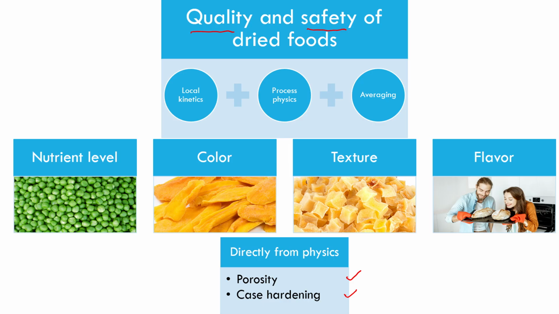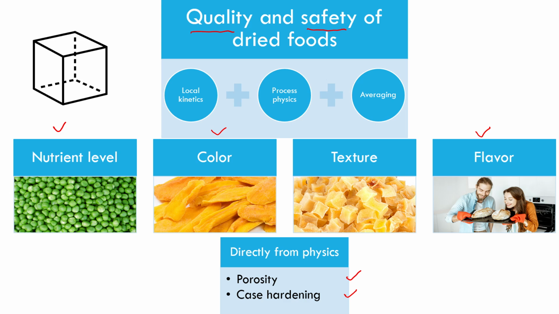Now, the other kind of quality, let's say how much is the nutrient destruction, or how much is the color degradation or some color formation, or how much flavor components are generated. To obtain these, we note that the descriptions that we had give temperature and moisture, for example, at any location and at any time.